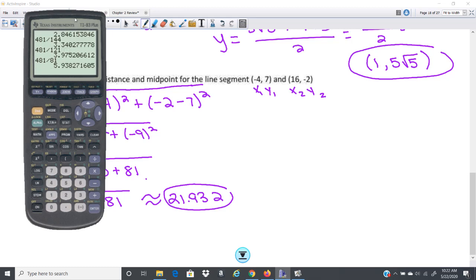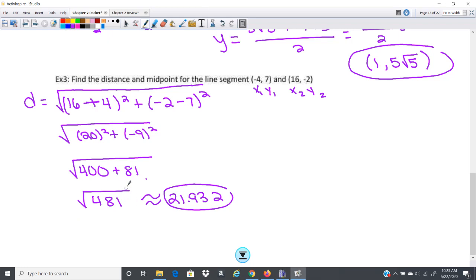Let's see, 81, 64, 49. Nope. 36. 25 is not going to work. 16, 9, 4. All right, nothing that's going into 481 is a perfect square. So it's simplified just like that. But you do want to make sure you check those.